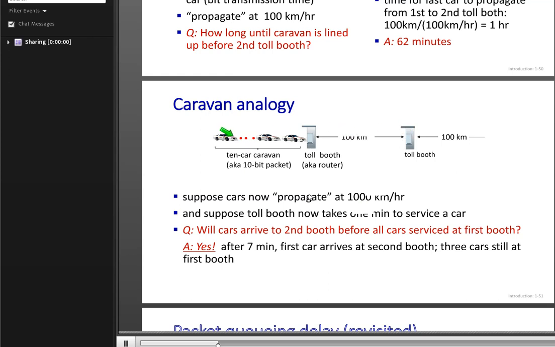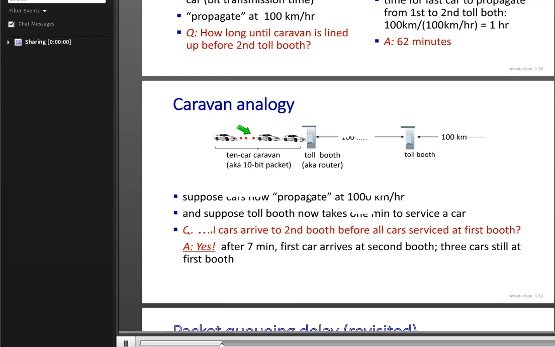So the new question is this: when the first car arrives at the second tollbooth, which of the cars in the caravan will enter into the highway? Or will a car arrive at the second booth before all cars are serviced at the first booth? These questions are similar.